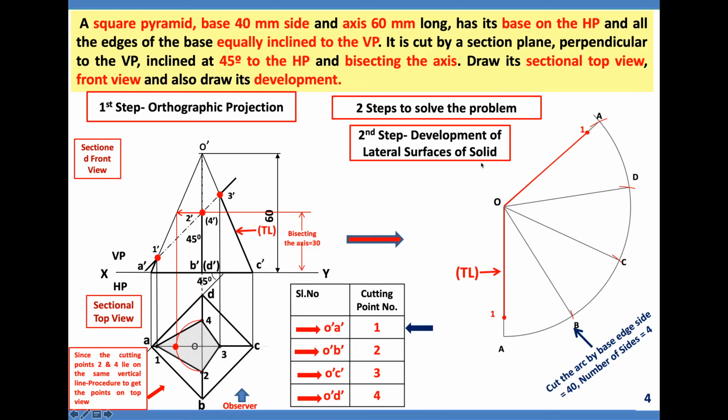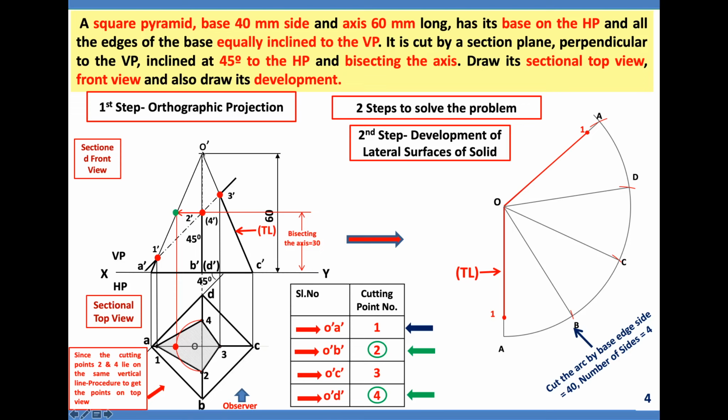Next, 2 and 4, which are indicated here in green, I will encircle it. 2 and 4, if I go to the front view, here it comes. So already I have drawn a horizontal line where you can see the arrow mark, which comes and points out here. I marked with green color in the front view.